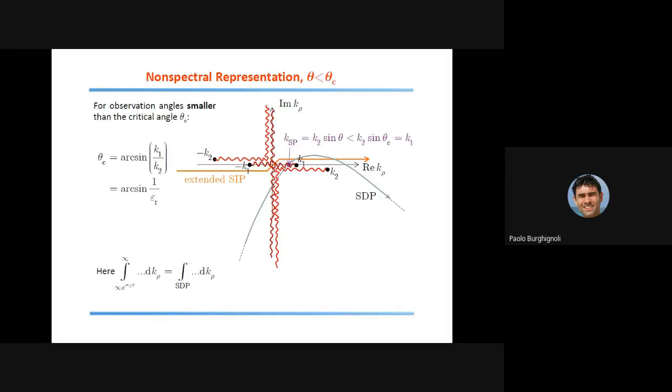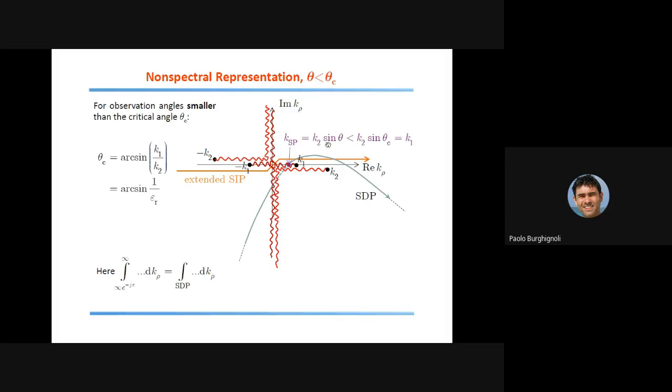So what we can do is the usual saddle point evaluation of those integrals. The saddle point, as we saw in the last lecture, is associated with the angle theta that is defined by the observation point. And this angle defines the position of the saddle point, k_SP, which is located on the real axis between 0 and k2, because its value is equal to k2 times sine theta.